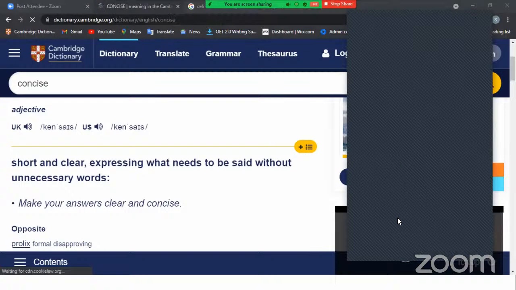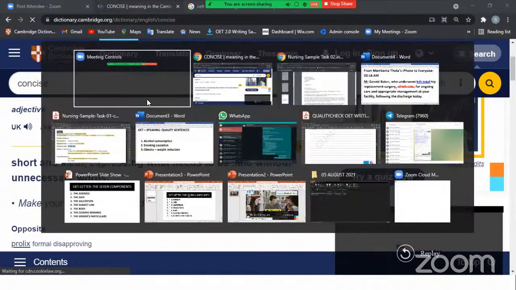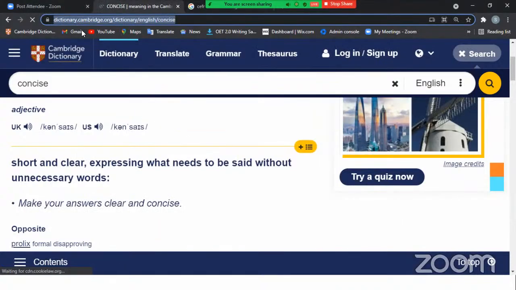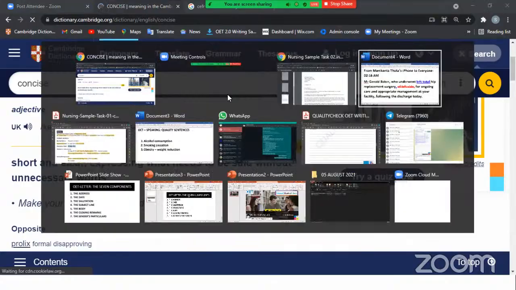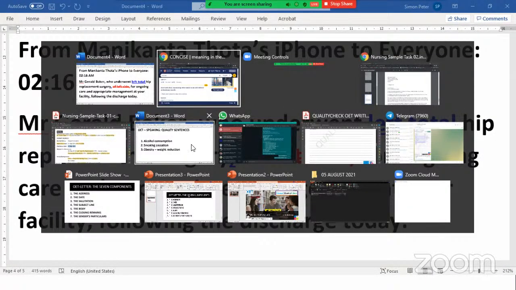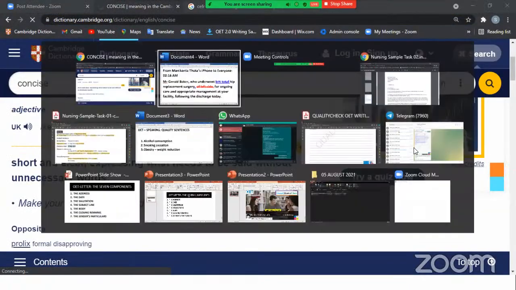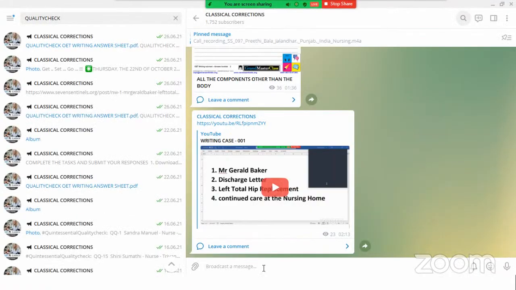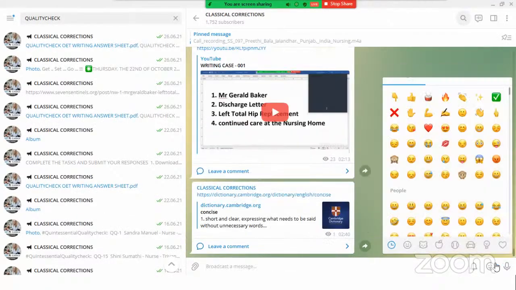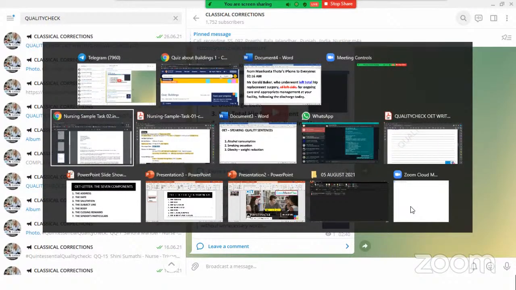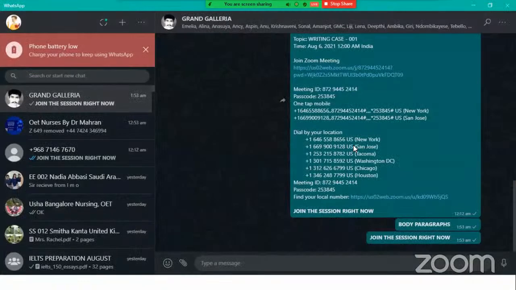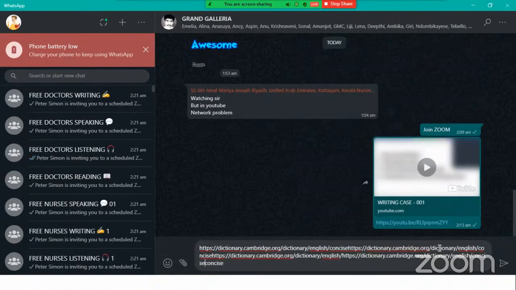Is that clear? Yes, sir. The explanation is clear because when one word suffices, when one word is enough, then why are you using a number of words? What is the need for that?